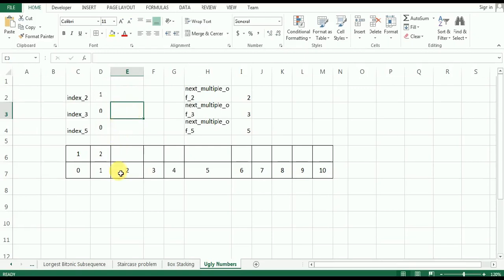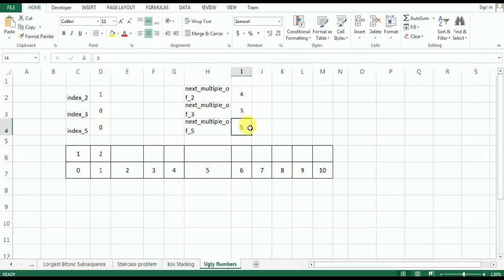Now let's move to this number. I am trying to find the ugly number for this spot. So I will multiply 2 with the value which is at index 1. So it is 2, and 2 into 2 is going to give me 4. Now 3 multiplied by the value at index 0 is going to give me 3.